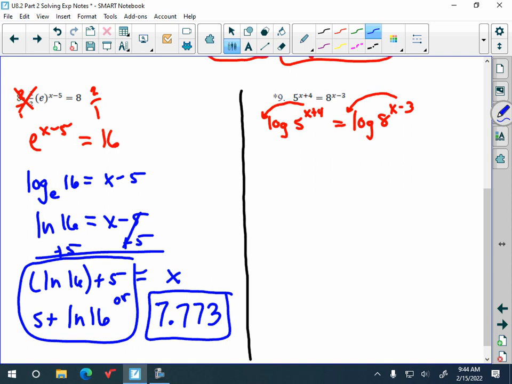Now, if the exponent is a binomial, when you bring it down in front, you want to put parentheses around it, and I'll show you why in just a second. If it's not a binomial, then you don't have to put parentheses on it.